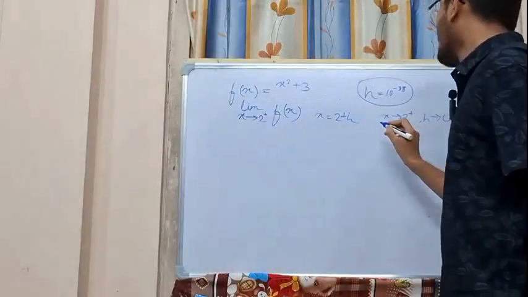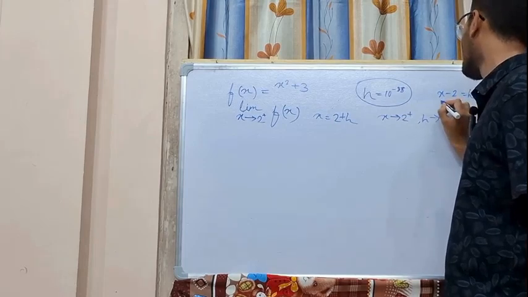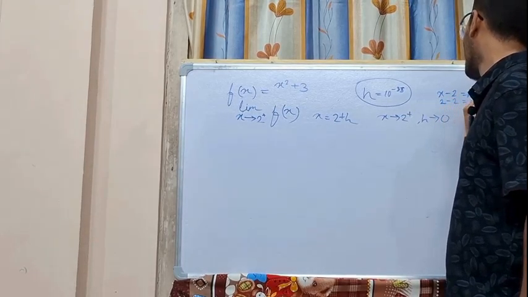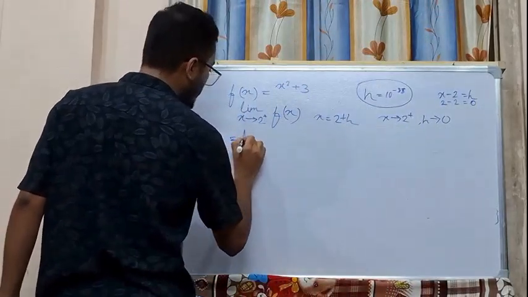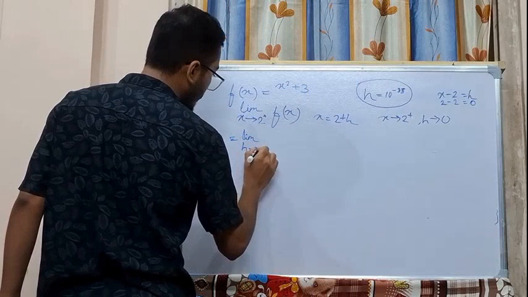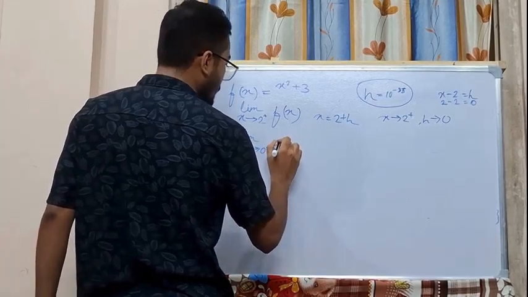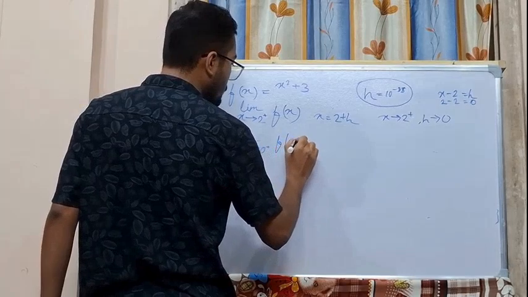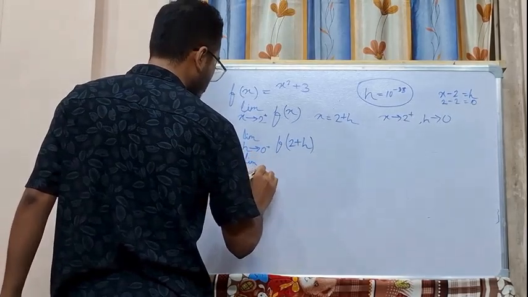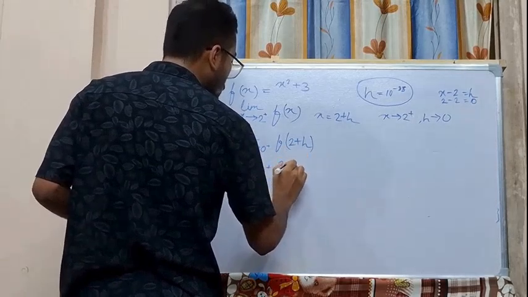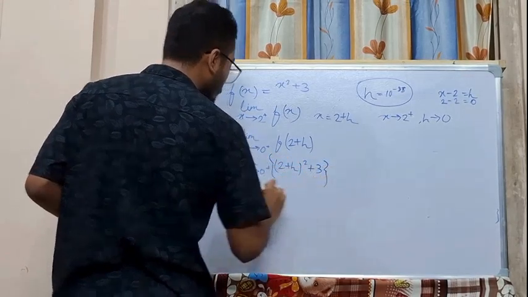Why? x minus 2 is equal to h. When x is approaching 2, h will tend to 0, right? That's why it will be limit h tends to 0 plus, f of 2 plus h. What is this? Limit h tends to 0 plus, (2 plus h) square plus 3. What is this?